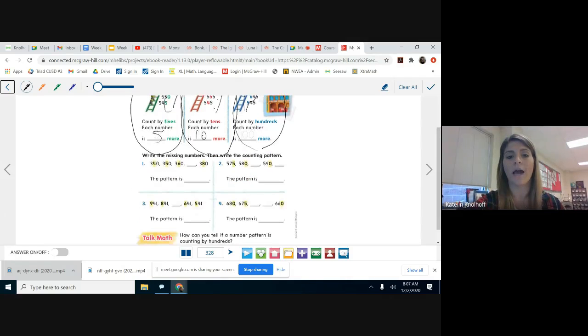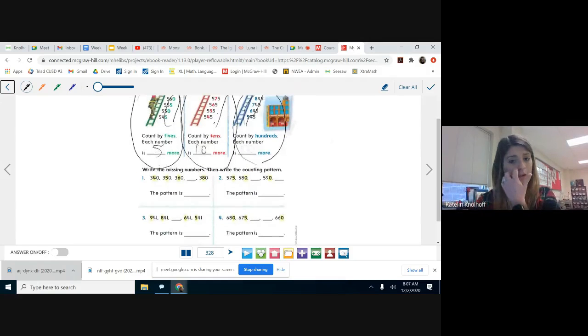Let's go ahead and look at number 1 down here. It says, write the missing numbers, then write the counting pattern. So number 1 says 340, 350, 360, blank, 380. And we notice that the tens place is changing and the ones place is staying the same, but the tens place is going up by 1 each time.